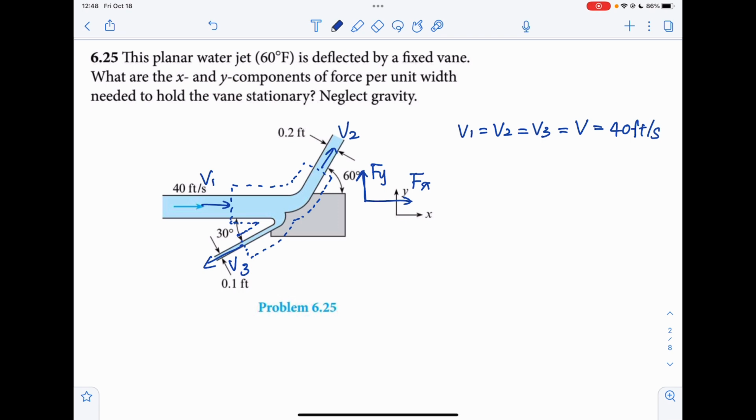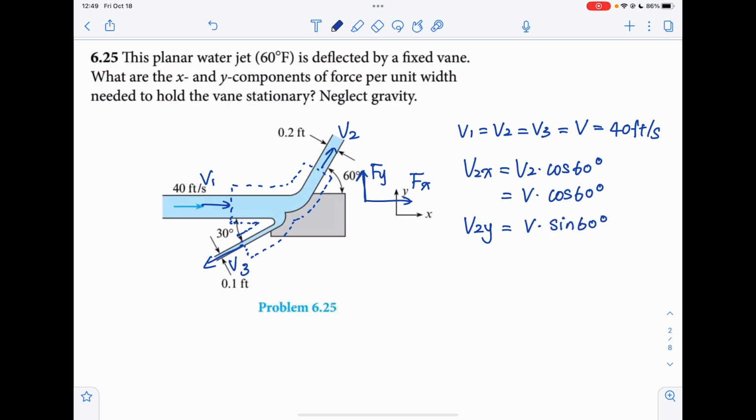And V2x equals V2 times cosine 60 degrees, which equals V times cosine 60 degrees, and V2y equals a similar thing, V times sine 60 degrees.